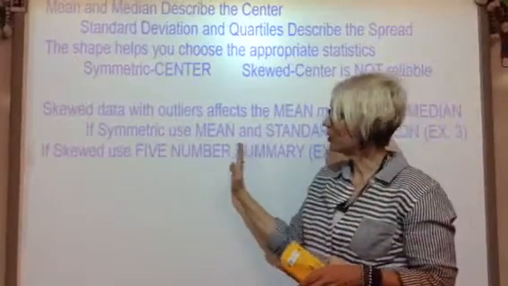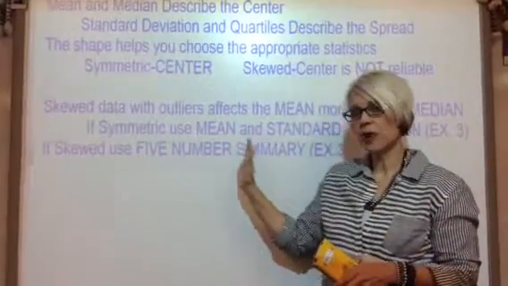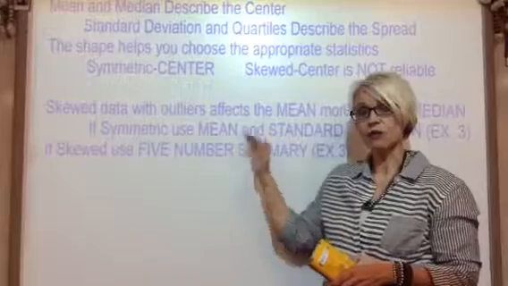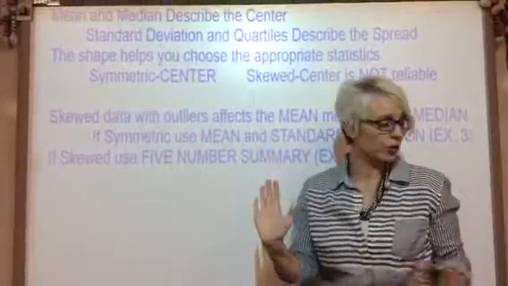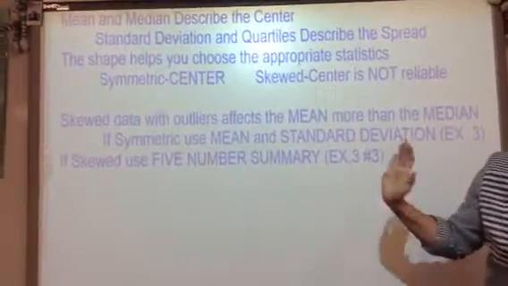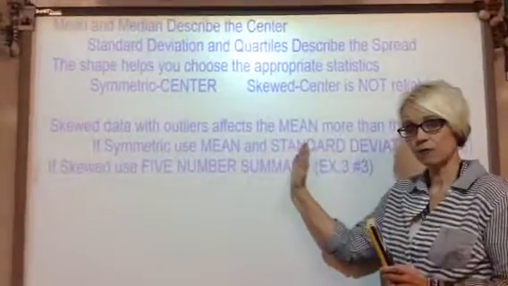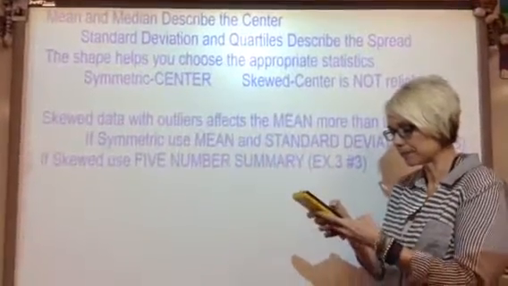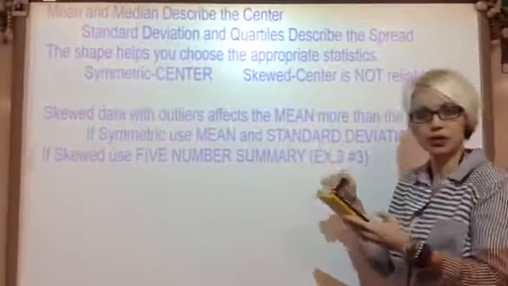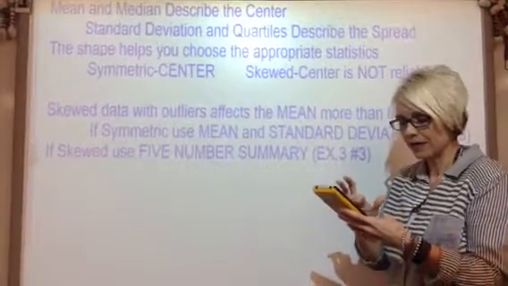So I'm going to talk you through on the notes how you would find that data. I'm going to show you a quick example of what I'm talking about. I input some data for your example 3. And I'm going to show you a histogram of that data.